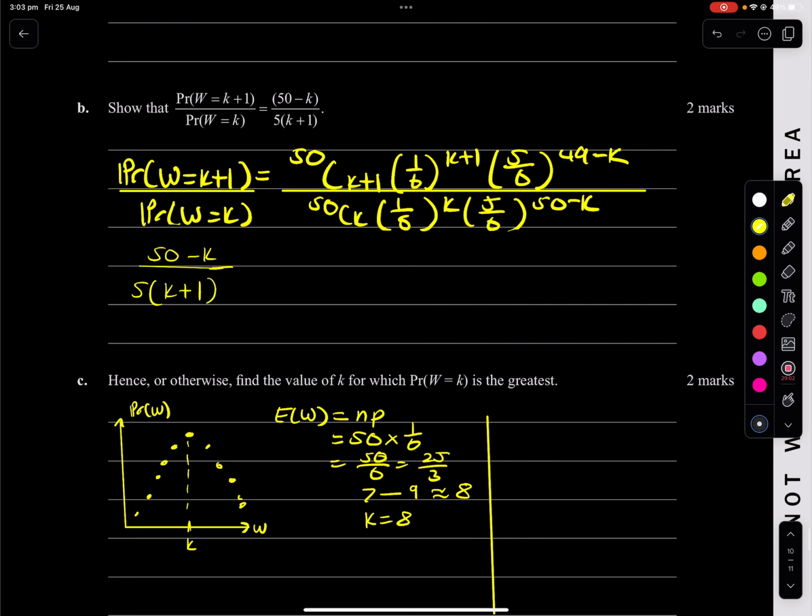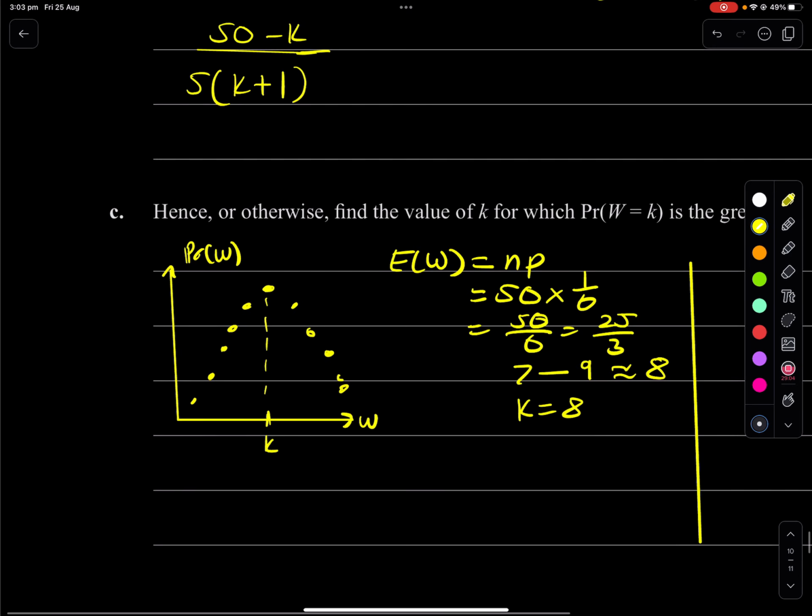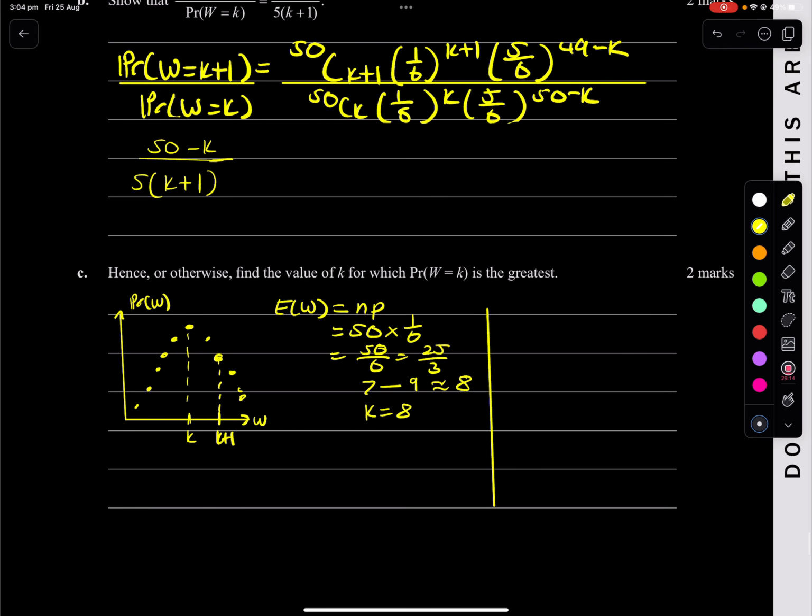Well, looking at this graph over here, imagine that k plus 1 is over here. What do we know? Well, we know that the probability of W equals k is greater than the probability of W equals k plus 1.